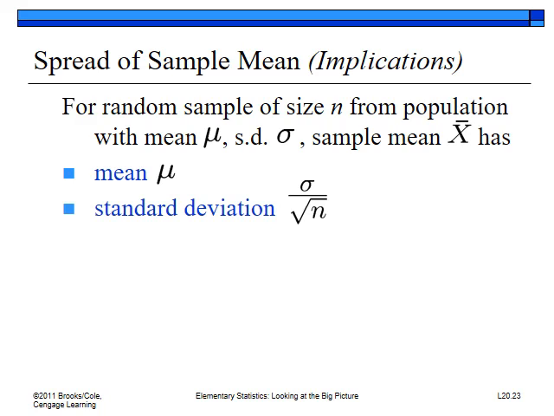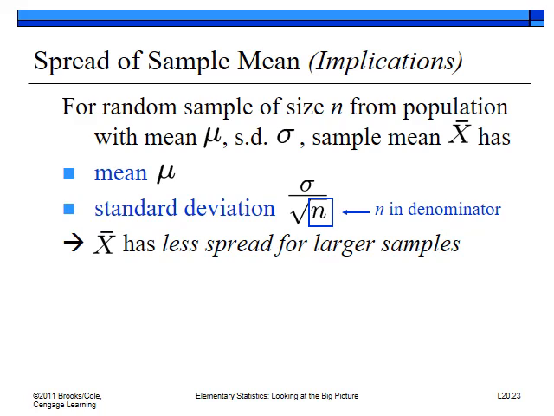Now, the standard deviation of our sample mean is the population standard deviation divided by the square root of n. Because that n is in the denominator, the bigger the sample size, the less spread we'll see in the sample means. Remember, for the dice we saw earlier, the mean tended to be around 3.5. That's where the peak was every time. But as the number of dice went up, that peak became more and more pronounced.